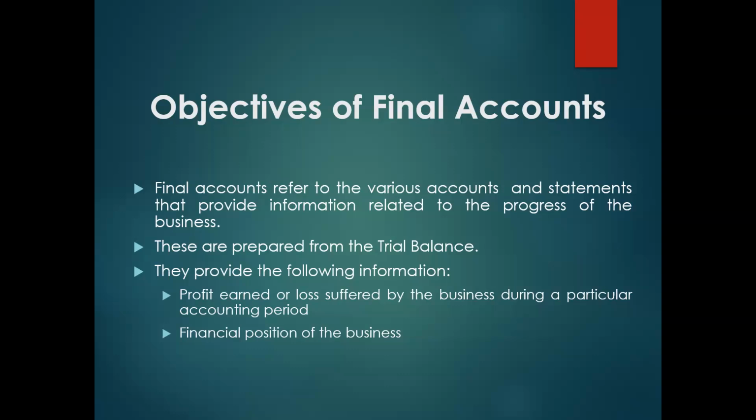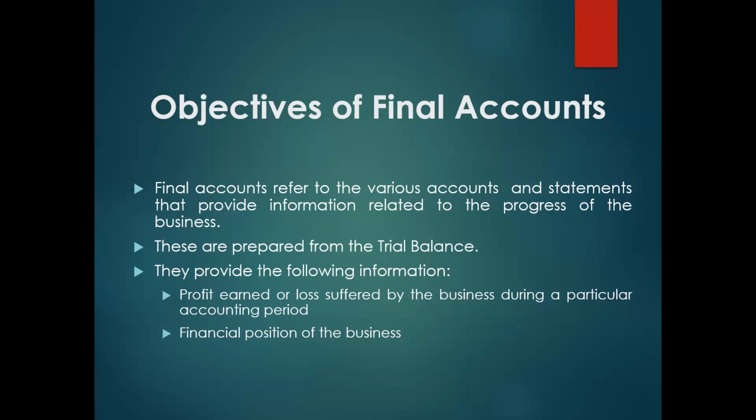So only after preparing the final accounts will the organization have a very clear idea about whether it's a profit or a loss, what current assets and liabilities they hold in hand, and what assets can be immediately cashable, so that if there are unpaid debts pending for a long period, they can be immediately cleared off by selling off the assets in hand, I mean, the current assets in hand.